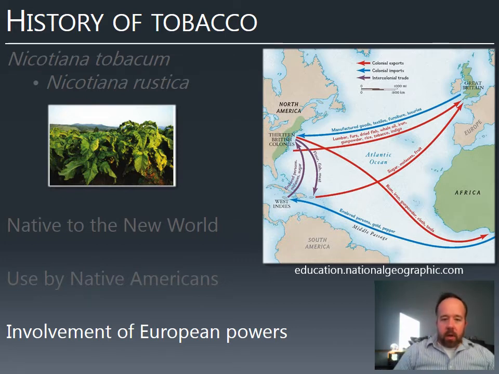Europe, of course, had the industrial capacity to make manufactured goods, so those goods would be transferred back to the New World. And of course, there was also the unfortunate aspect of all this, which was the trade in African slaves. These were individuals that were captured by European powers and transferred forcibly to the Caribbean, to North America, to grow these agricultural products.